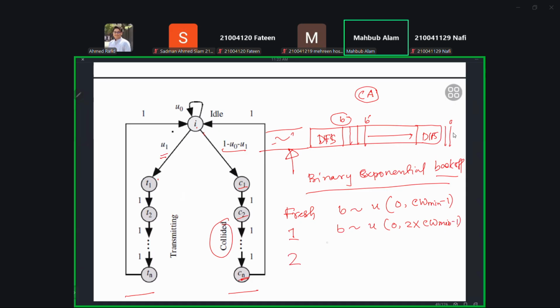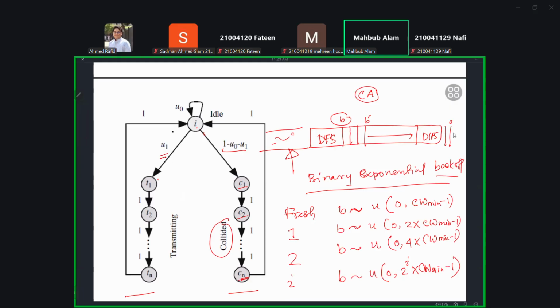For the second retransmission, the backoff value is chosen uniformly, and I think you can recall this symbol, the tilde represents 'distributed as', between 0 and 4 times CWmin minus 1. In the ith backoff state, the backoff value is chosen between 0 and 2 to the power i times CWmin minus 1.